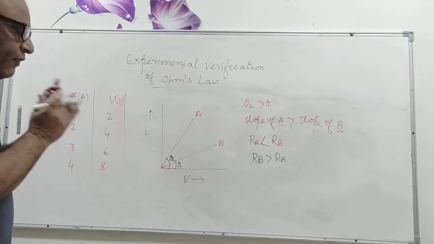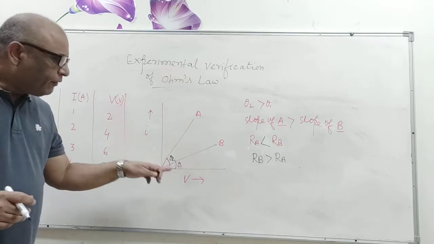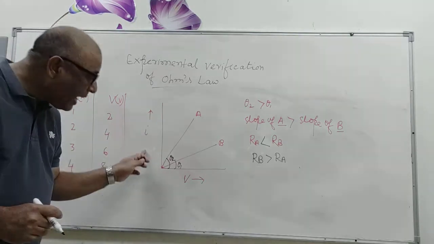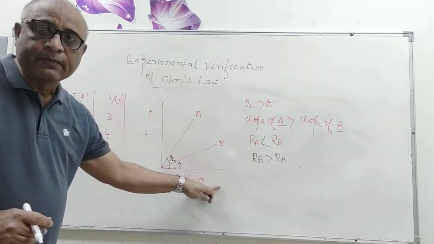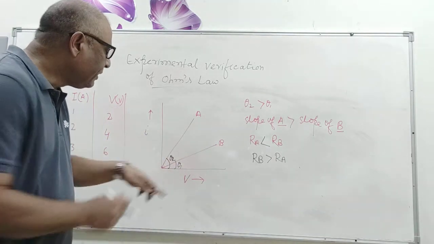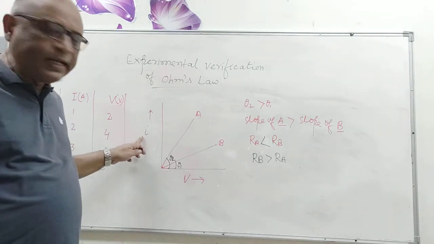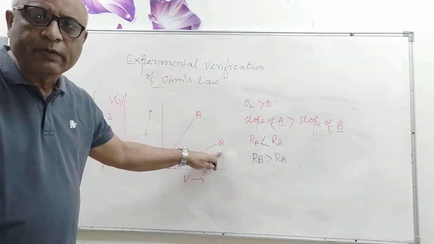Here one thing is very, very important: the positions of V and I matter. If V is on the y-axis and I on the x-axis, then A is greater and B smaller. But when V is on the x-axis and I on the y-axis, then resistance of B is greater.